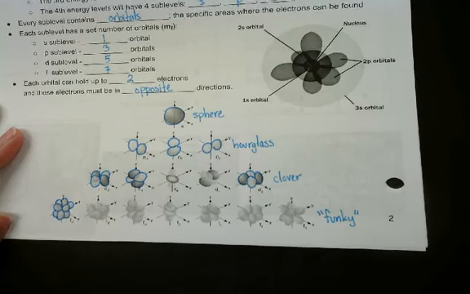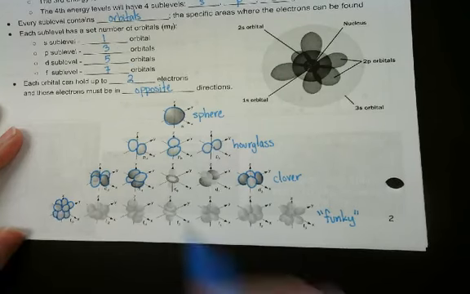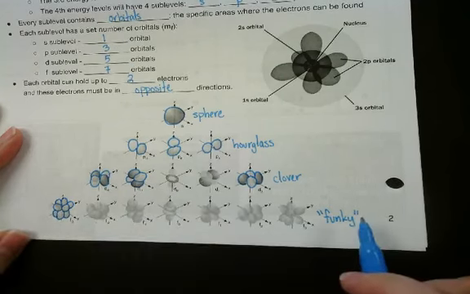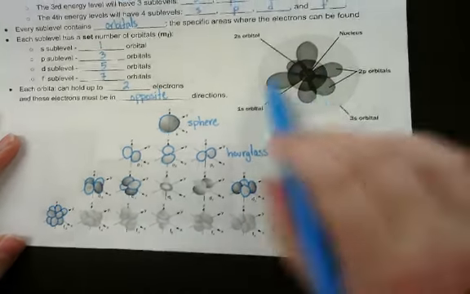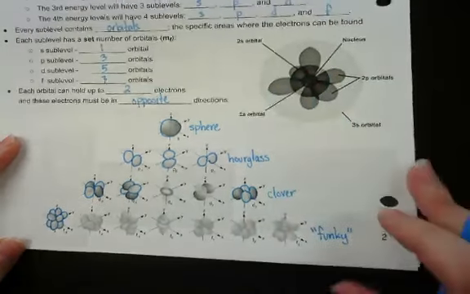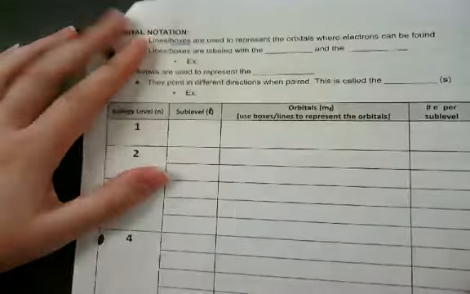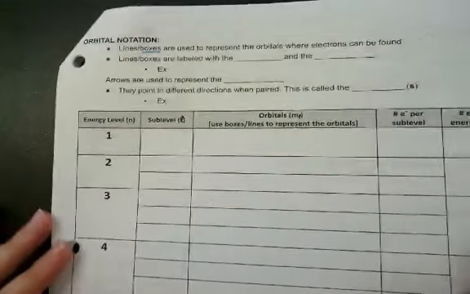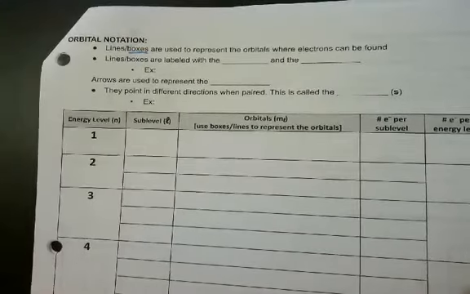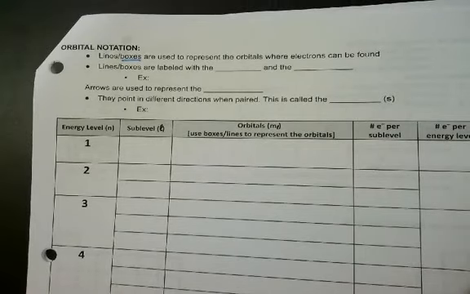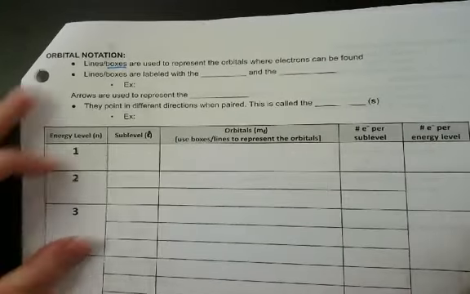That would be really hard to draw all of these and layer them here. So instead, what we do is we represent each of these orbitals with a box. Instead of having to draw all of those different shapes, we just represent each orbital with a box. We don't need to get more complicated than that.